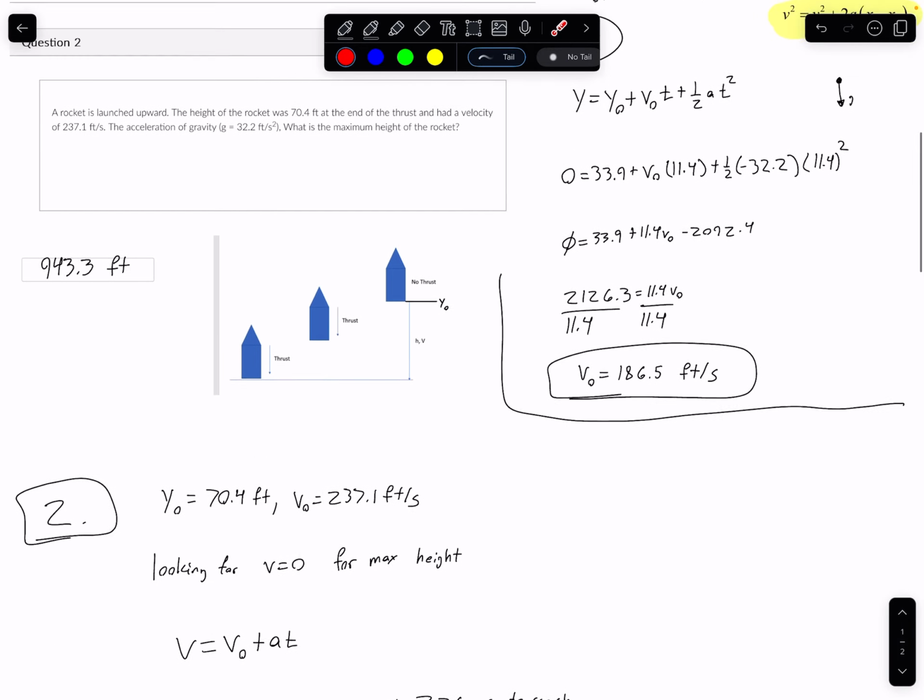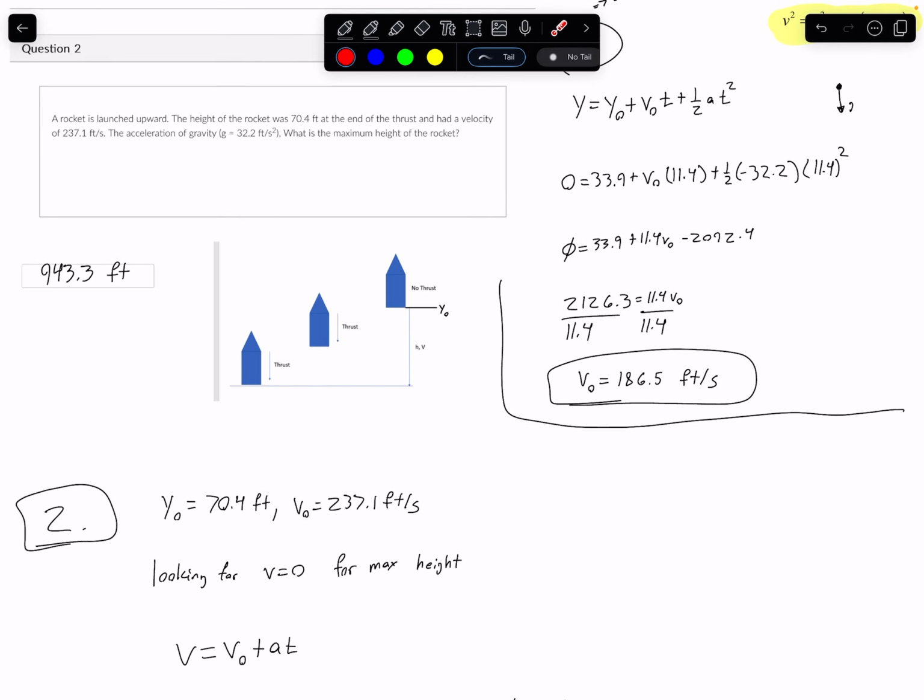And then for problem number 2, we have another rocket launched upward. The height of the rocket was 70.4 feet at the end of the thrust and it had a velocity of 237.1 feet per second.